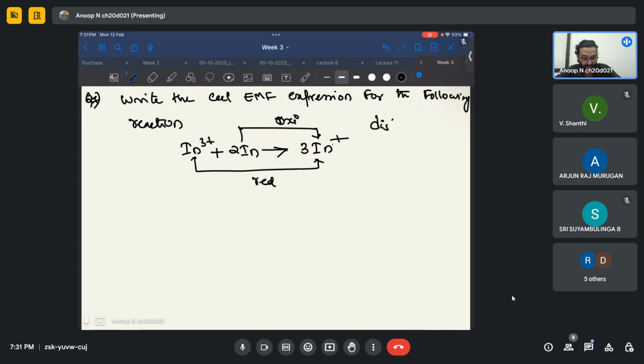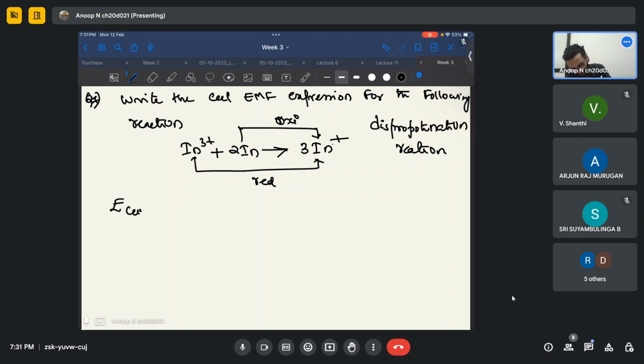It is a disproportionation reaction. No, redox reaction is fine, but it's specifically called a disproportionation reaction. It's a redox couple, but this kind of equation is specifically called disproportionation. So what will be the Nernst equation?